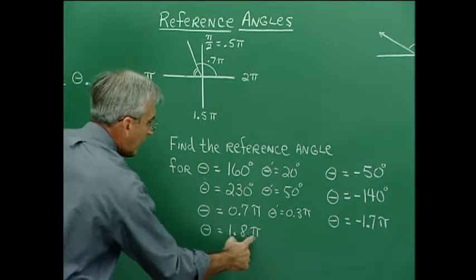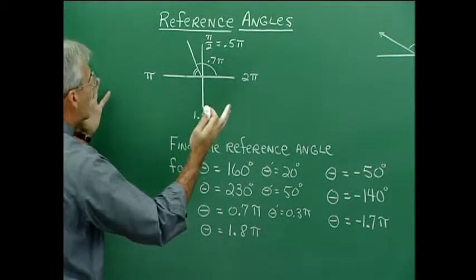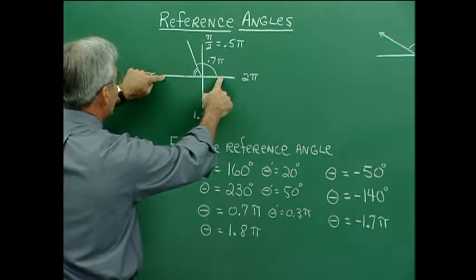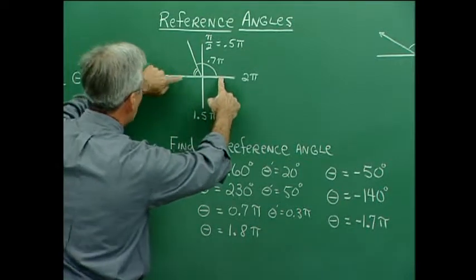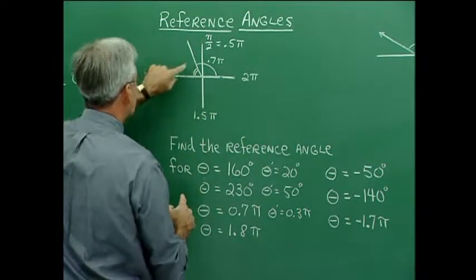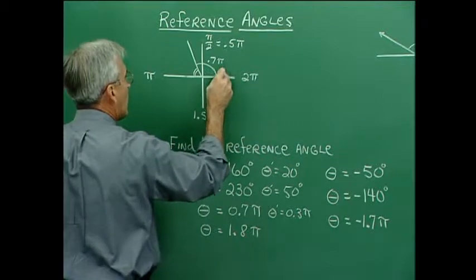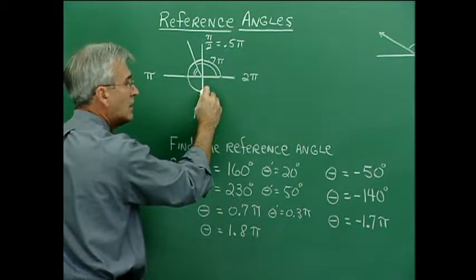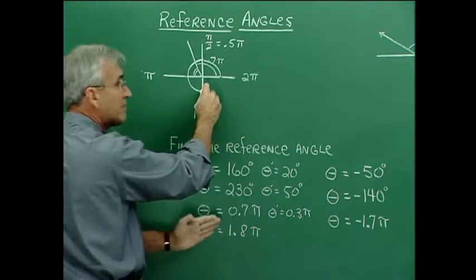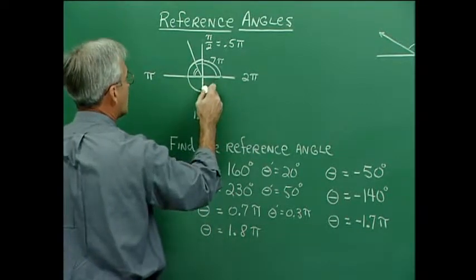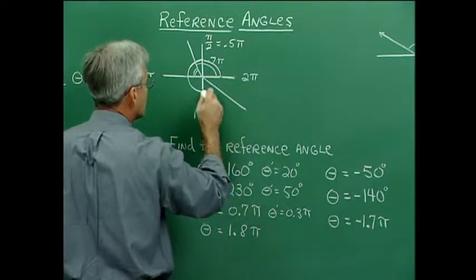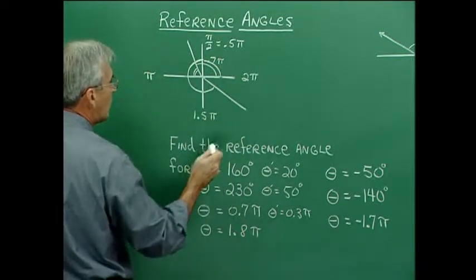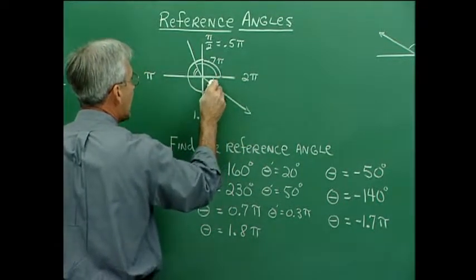And let's see, 1.8 pi. Well, where are we in the coordinate plane? Here's pi, that's 1 pi. Now, this is 1.5 pi to here, if the angle is turning all the way around. You see it's 0.5, then 1 pi, and then 1.5 pi. And then 1.8 pi would put us into the fourth quadrant, and it would be something like this. So there's 1.8 pi. Our reference angle is here.